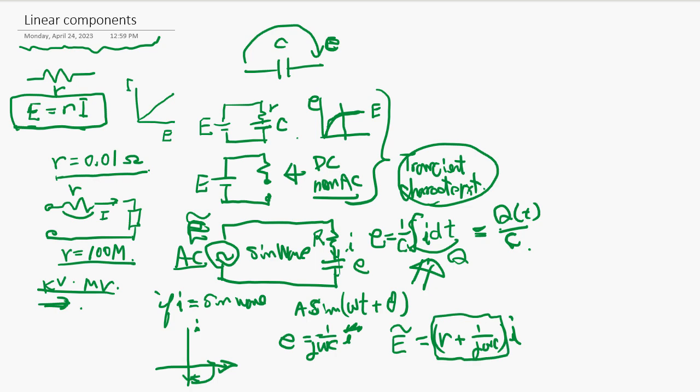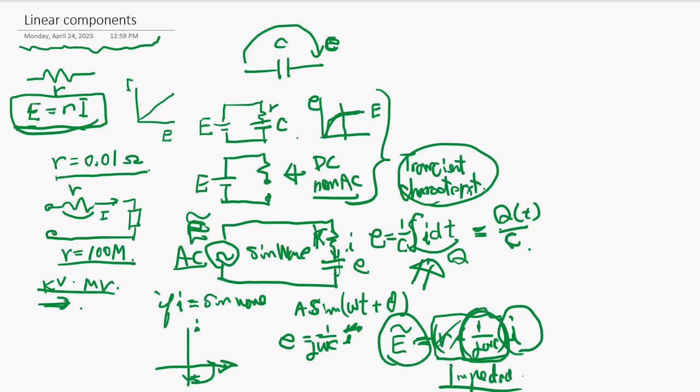If R is very small, this small R is negligible, then this becomes impedance. We call it impedance instead of resistor because we use complex numbers. Using impedance, voltage equals impedance times current.